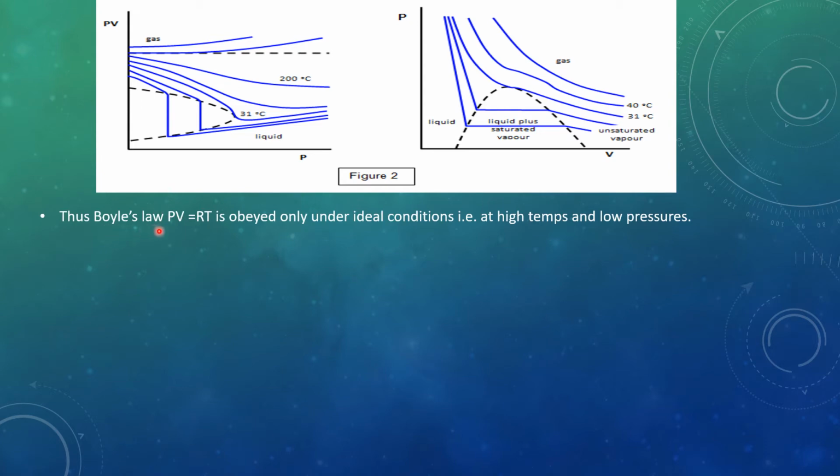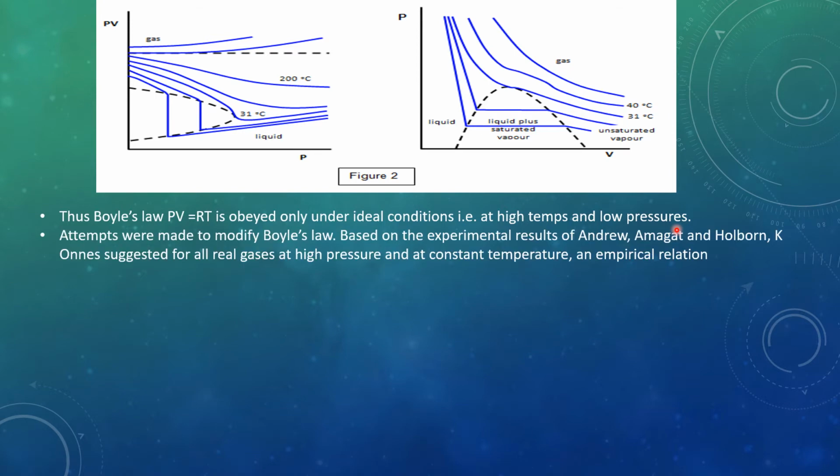Hence Boyle's law is obeyed only under ideal conditions, that is at high temperatures and low pressures. So this region of liquefaction is similar to the region which is shown in the P versus V graph.